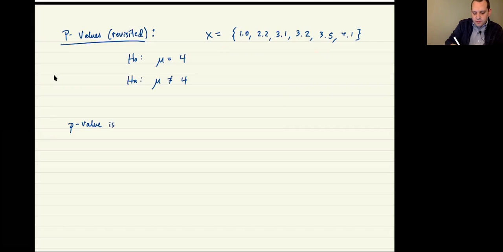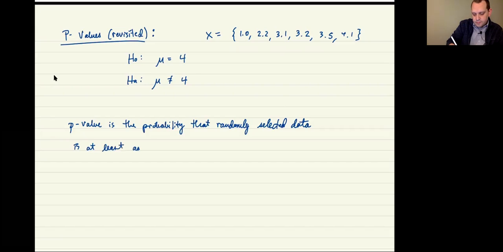The p-value is the probability that randomly selected data, from whatever distribution you're starting with, is at least as extreme as the data you have.